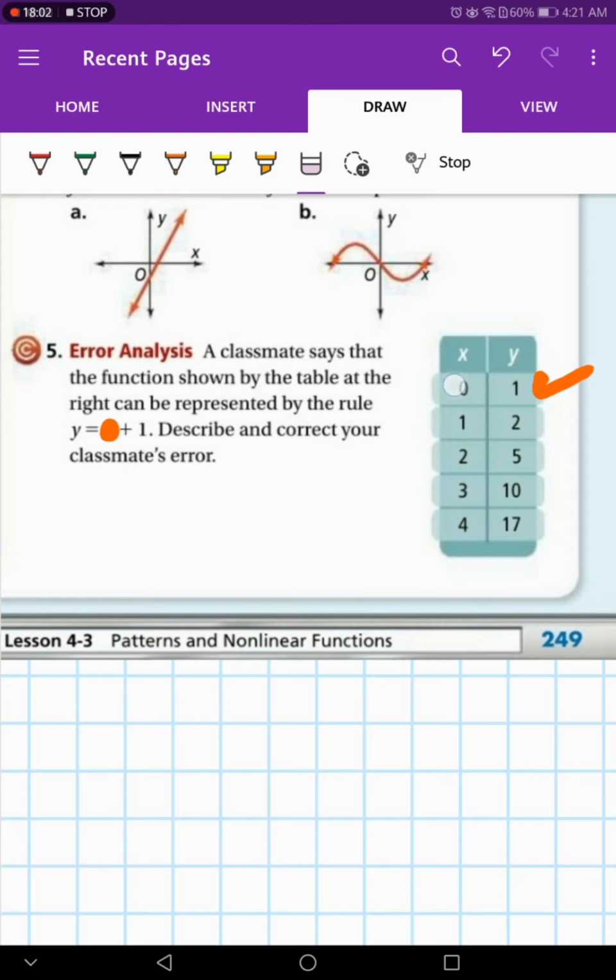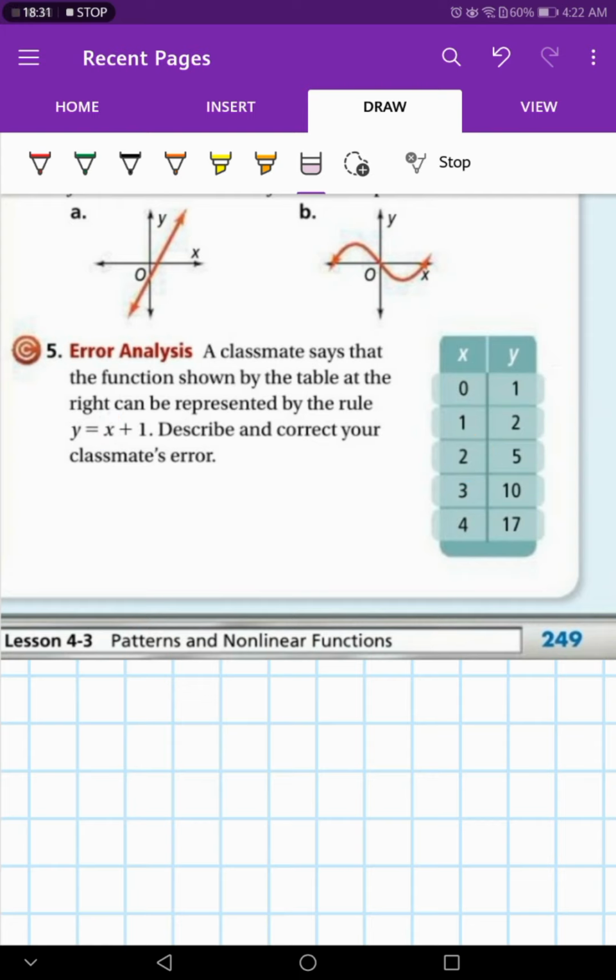If you try the 1, x is 1, it will be 1 plus 1, which equals 2, and this is correct. But if you try the 2 and put it here, 2 plus 1 equals 5, it is wrong. So it is not the correct rule.